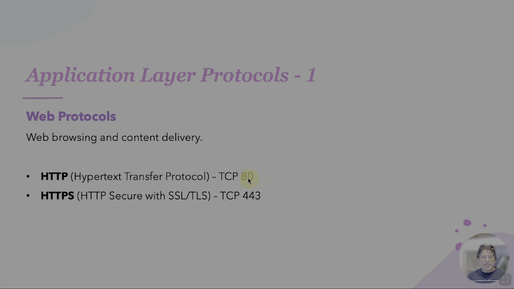HTTP is very insecure. All the information that is passed on to the network is going to be sent in clear text in this case. So any attacker can eavesdrop and look into the network and determine exactly what type of data is being exchanged between you and the server. So definitely don't want to use HTTP.